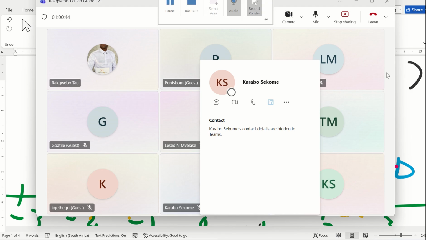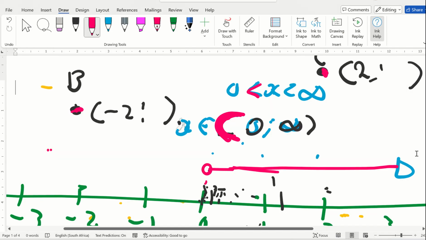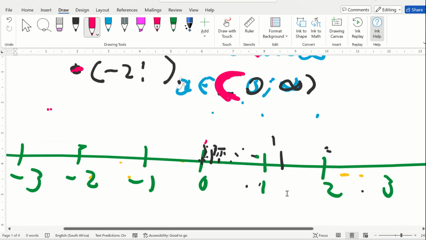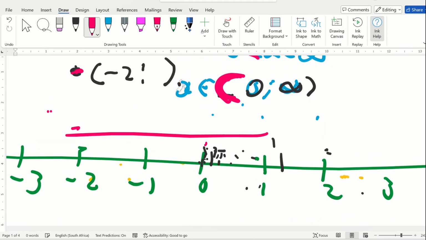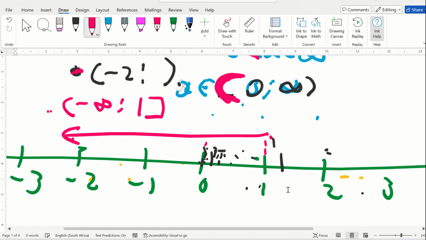Sharp. Another one, we have a line that goes like this from 1, goes on like that to infinity. And they ask you to find the domain, right? So you're going to write it like this. It starts from negative infinity. It ends at 1. Does it include 1? Yes.